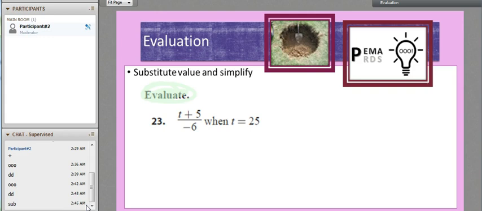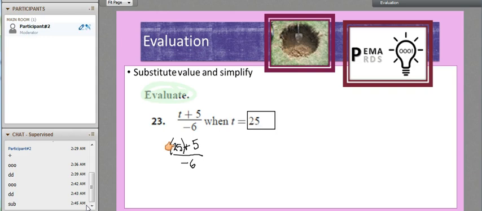The first thing I do is I copy it down. Then I'm going to dig out this T, dig a hole, throw that T away, and I see that T is equal to something. I take everything that's over here on the side, what it's equal to, and I put that in, 25.